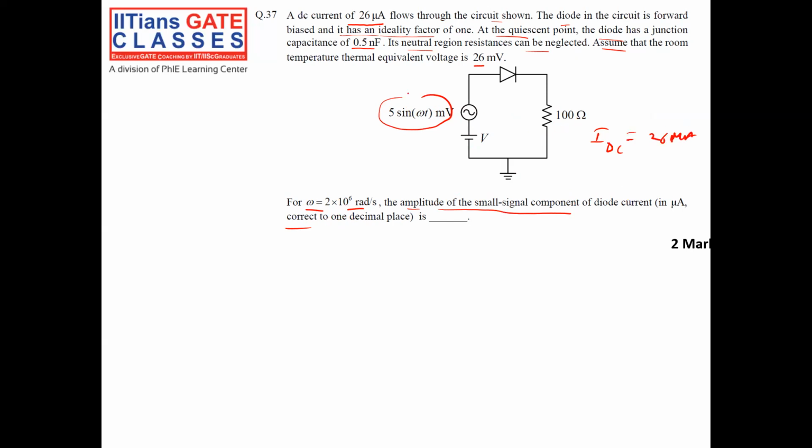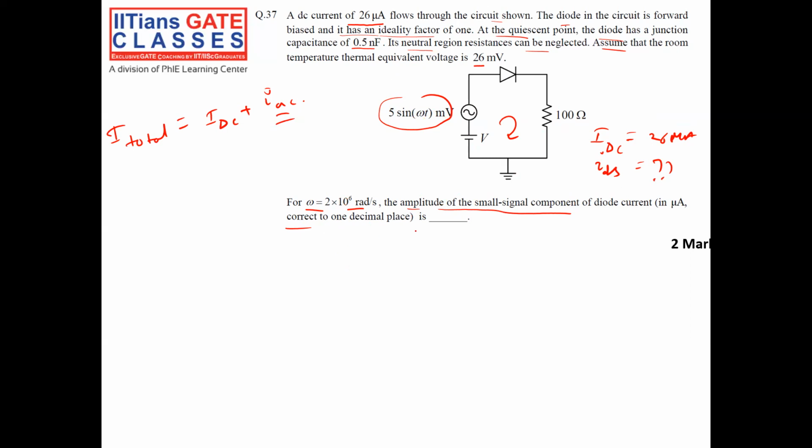When we apply a signal 5 sin omega t millivolt, there will be an AC current flowing through the same path. So the total current will be IDC plus IAC. I have to calculate the magnitude of the amplitude of the small signal current of the diode.